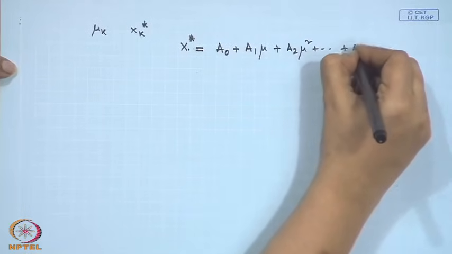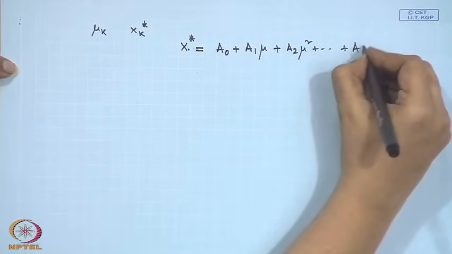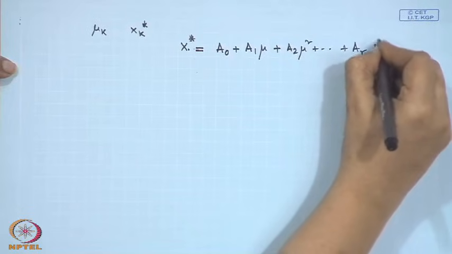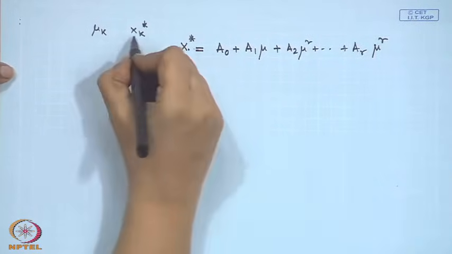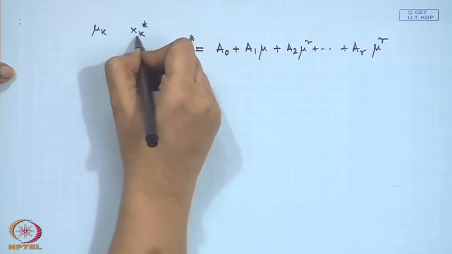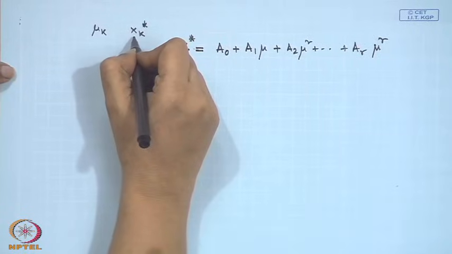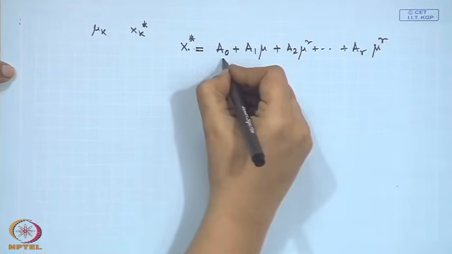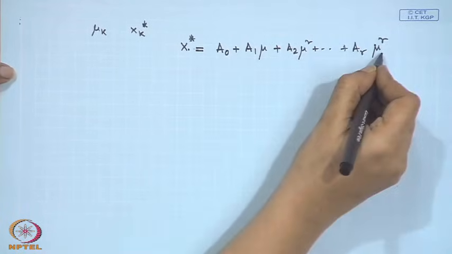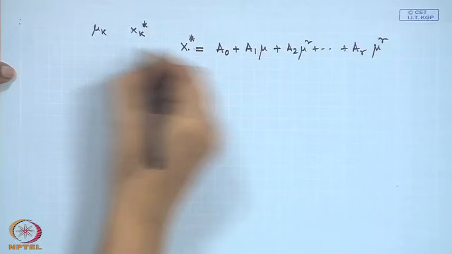Let us consider an rth degree polynomial, mu to the power r. Once we supply the value of mu, we will get one x star, because we are doing the interpolation now. Instead of going to the rth order polynomial, let me consider a single first order polynomial here. Then just see where we are reaching.